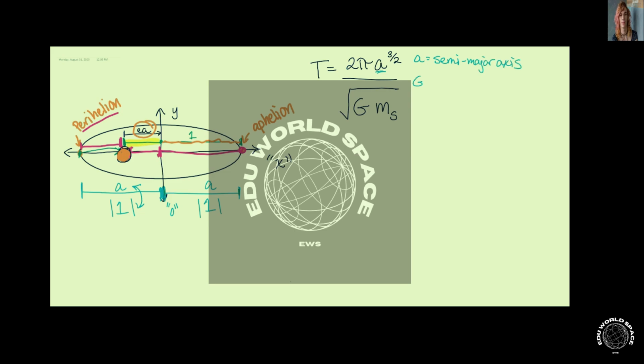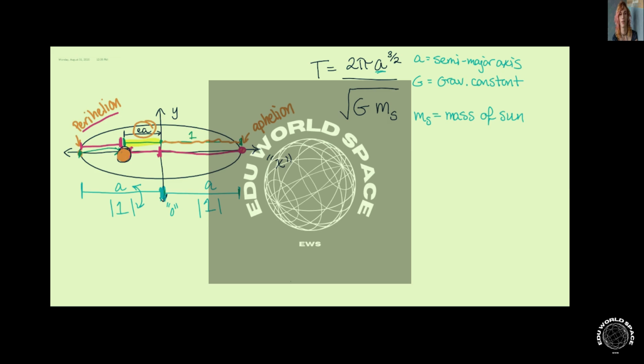Our G is our gravitational constant, and M_S is our mass of the sun. If you are given a problem that requires a different star or is looking at a different orbit, obviously that will change.